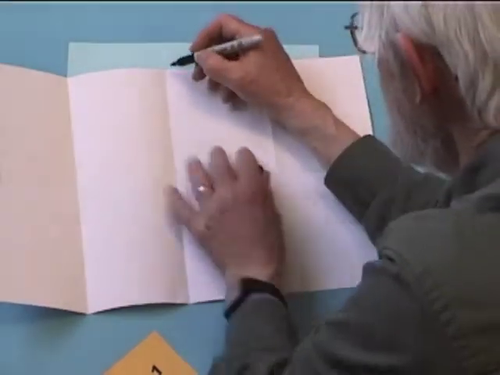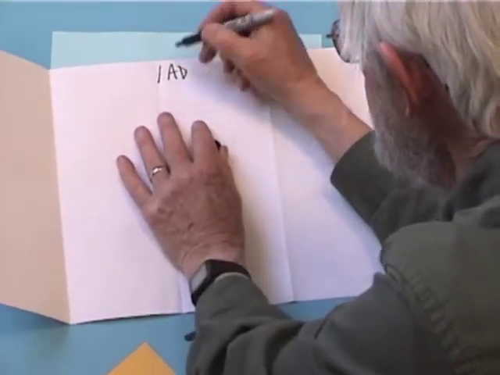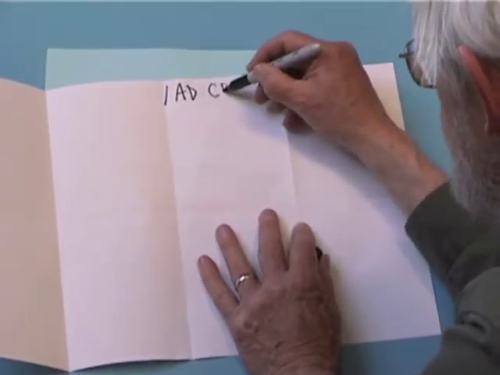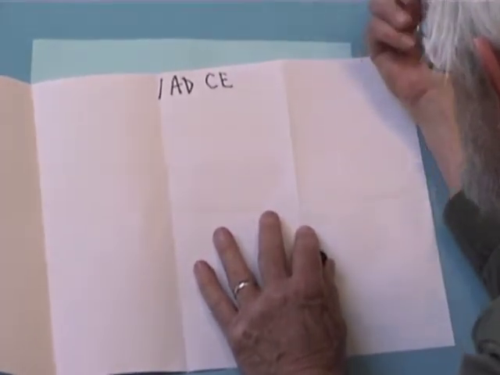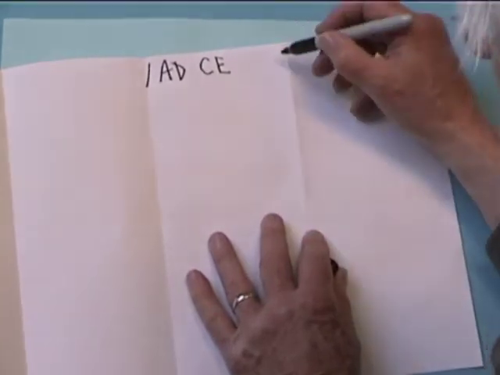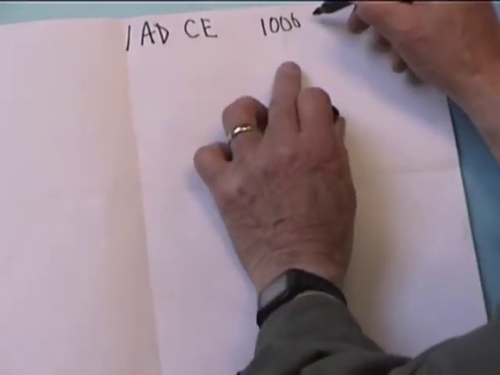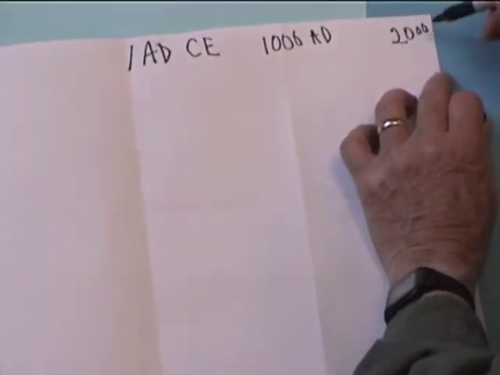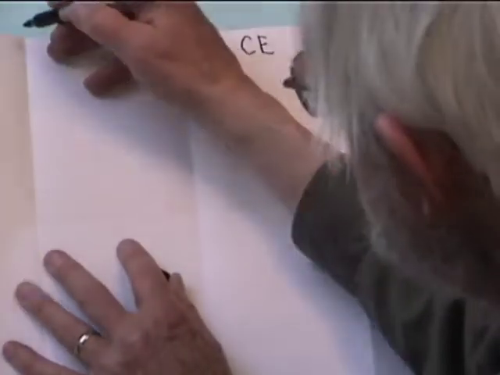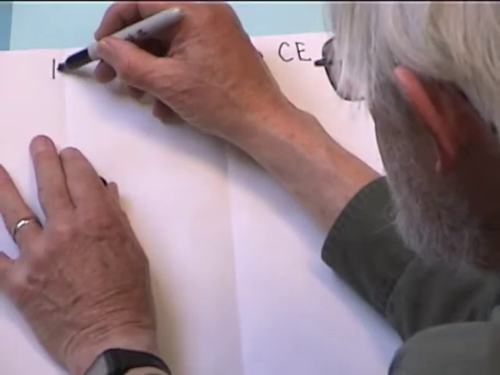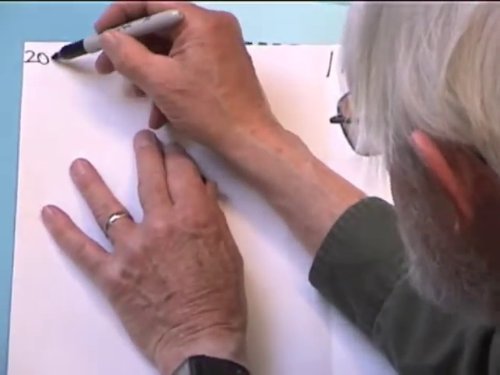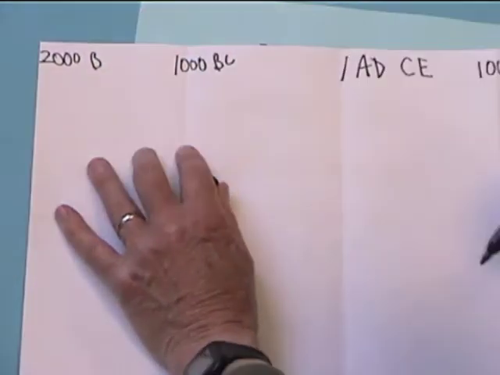We'll start by drawing 1 AD here on the first crease, today often also called CE for Common Era. You go over to the next crease and you're already at 1000 AD, and then the end of the paper is 2000. In the opposite direction, we have 1000 BC here, and we go back to 2000 BC.